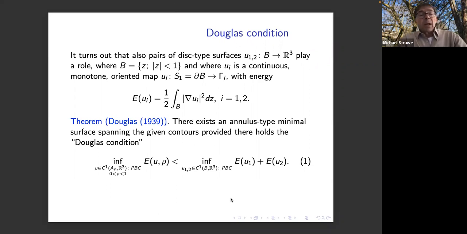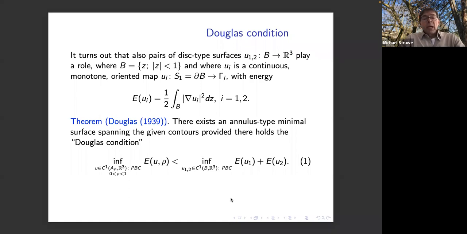Okay, and then Douglas found his famous theorem for the existence of annulus-type minimal surfaces, or more generally, of course, for higher genus surfaces spanning the given contours.